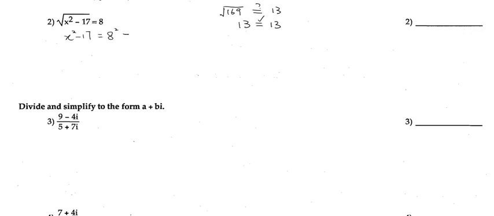Now 8 times 8 is 64. Isolate the x squared, so I add 17 on both sides. Once we do that, then we have x squared equals 81.